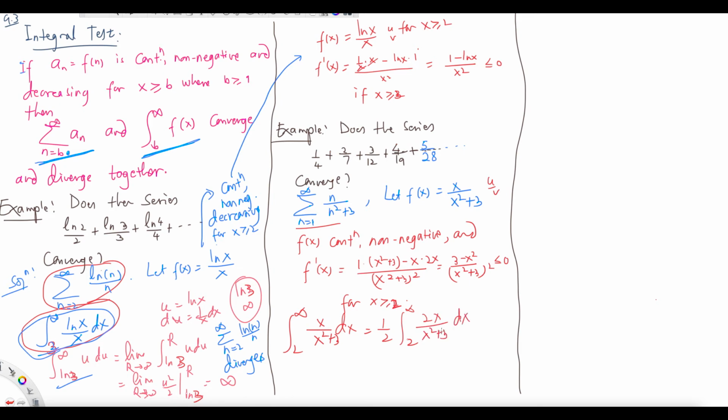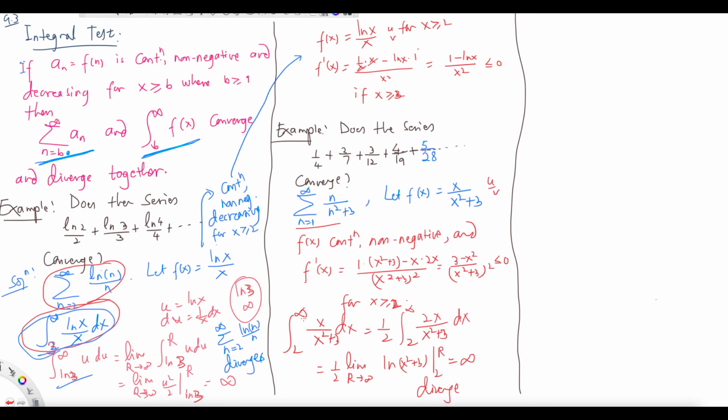I'm getting the derivative of the denominator in the numerator so that the integral will be a log. So we have 1/2 times the limit as r tends to infinity of natural log of x squared plus 3 from 2 to r. When you plug in r, you get infinity, so it diverges.